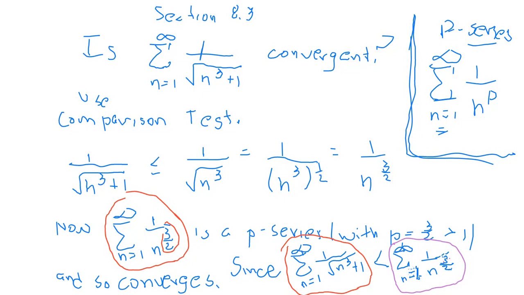Does this statement here make sense? That our series, the sum of our series, would be less than the sum of this convergent p-series. Does that make sense? Okay.